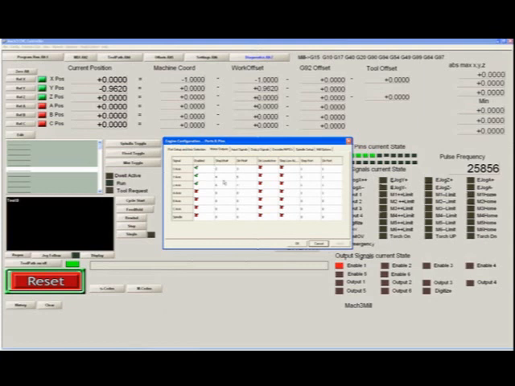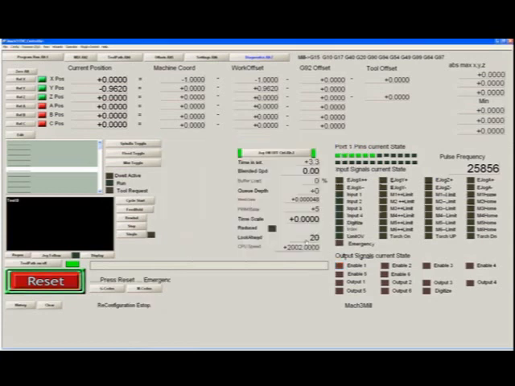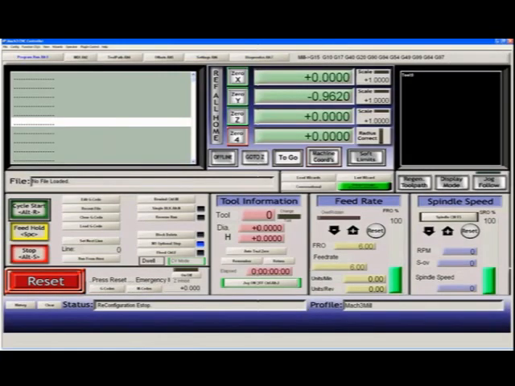And make sure that under motor outputs you have ports selected under step port and direction port, and that you have the pins set the way you had them set, 2 and 3, 4, 5, 6, 7 in this case, in Mach 2. If you set these the same as you had them in Mach 2, your system should now be running. That's pretty much it for making a system run Mach 3 after it's been running Mach 2.